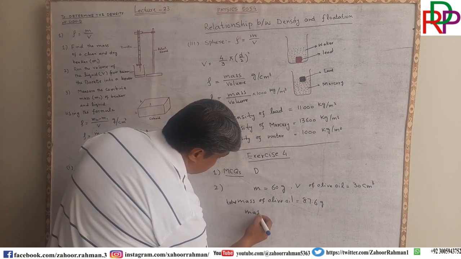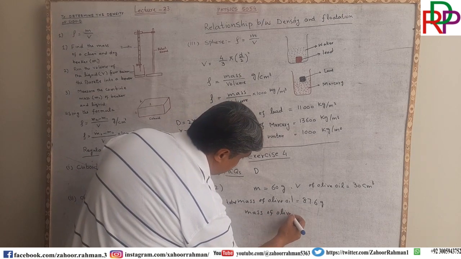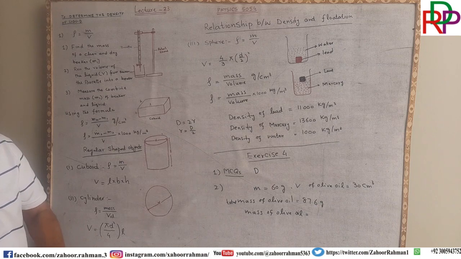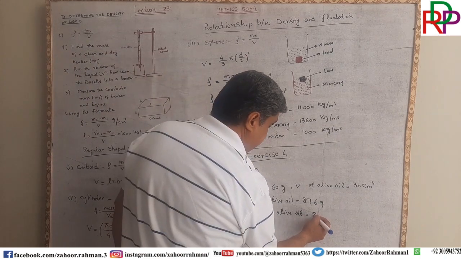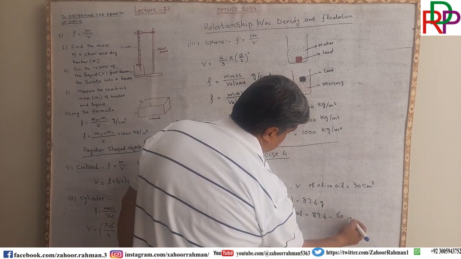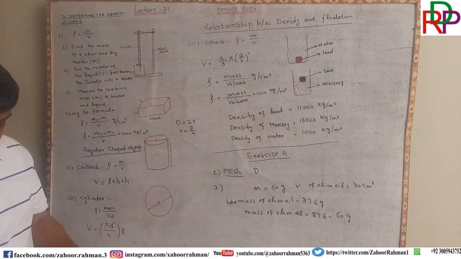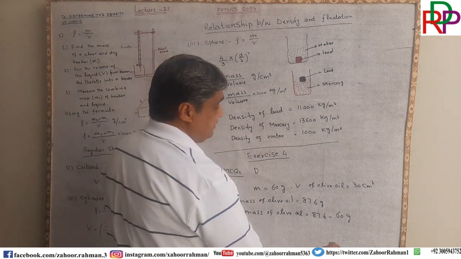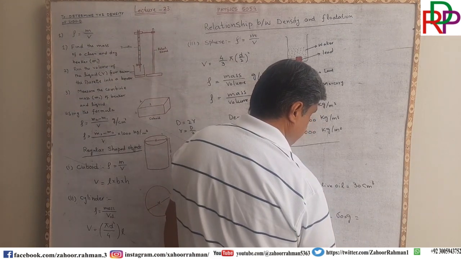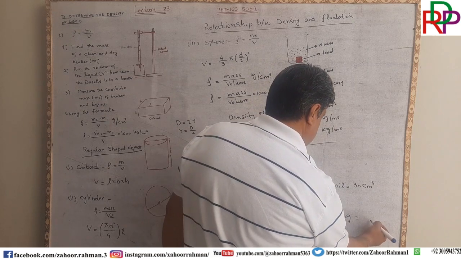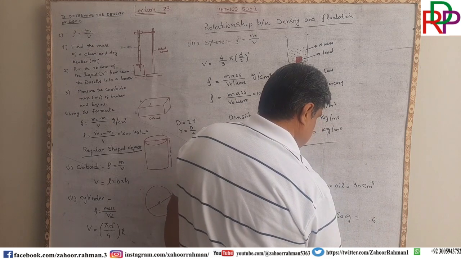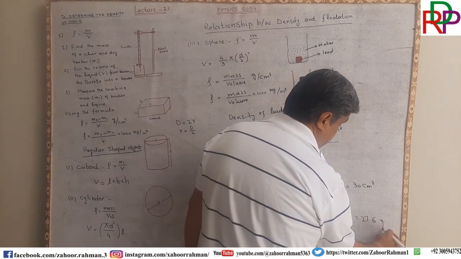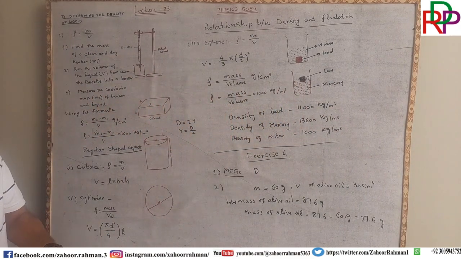So we have to first find the mass of olive oil, and that is 87.6 minus 60 gram. 60.0 gram subtracted from 87.6 will give you 27.6 gram, the mass of the olive oil.